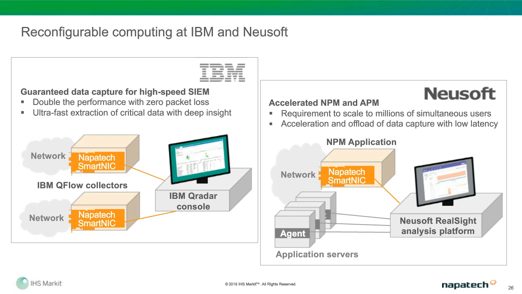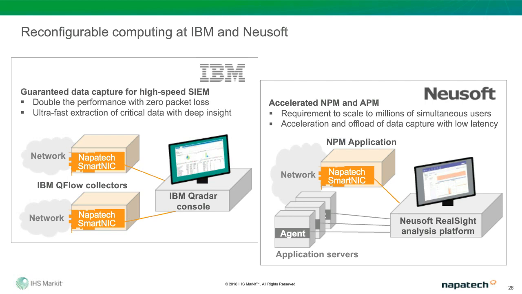And with very good network information, they can actually help with false positives that are coming from the security devices, but also maybe detect things that are happening in the network that could indicate that those security defenses have been breached. So it's a very important part of that security stance.